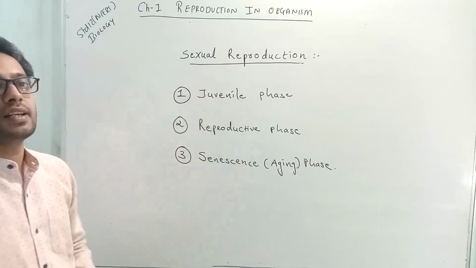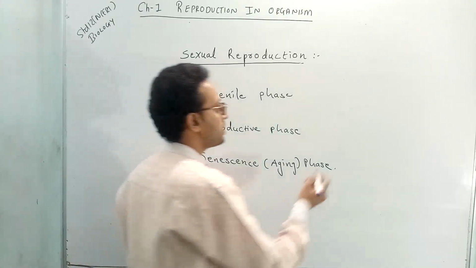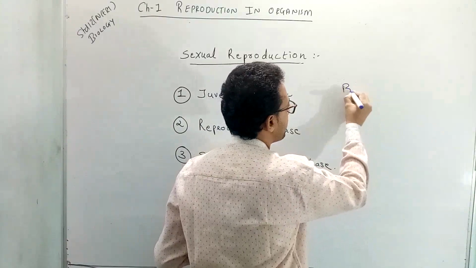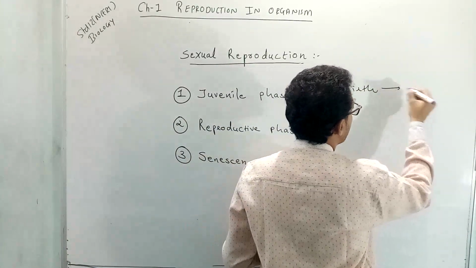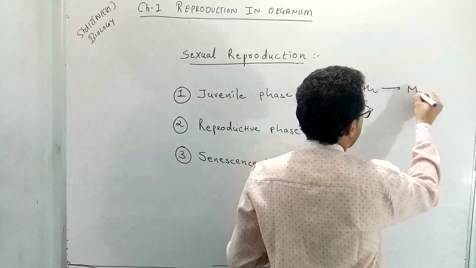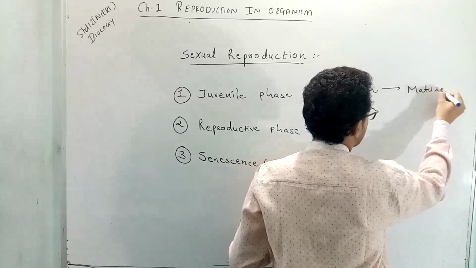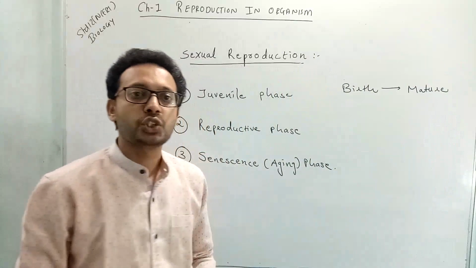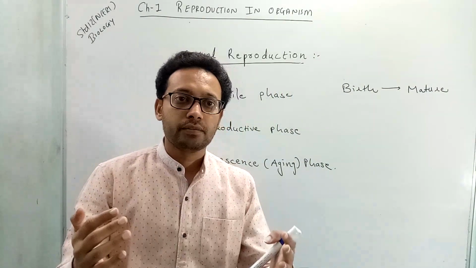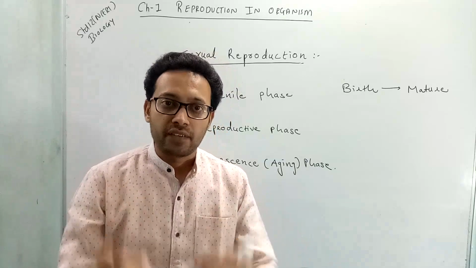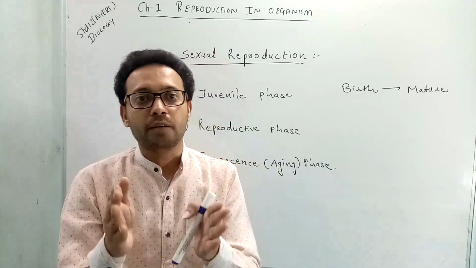First is the juvenile phase. What is the juvenile phase? The juvenile phase is the time period from birth until it becomes mature. Clear? As you already know, after birth, the living organism grows up. Once they grow up, they attain maturity.